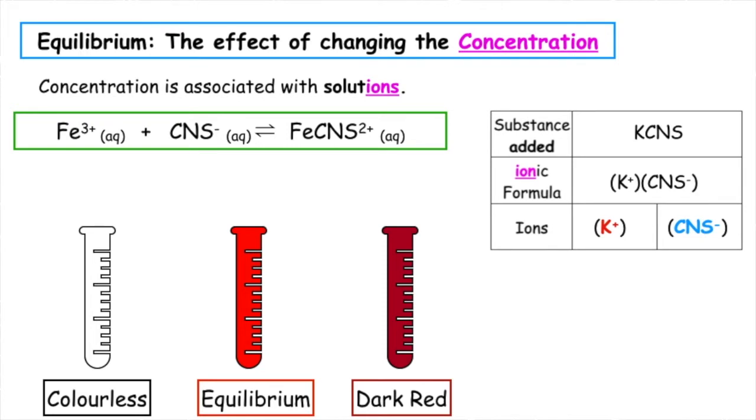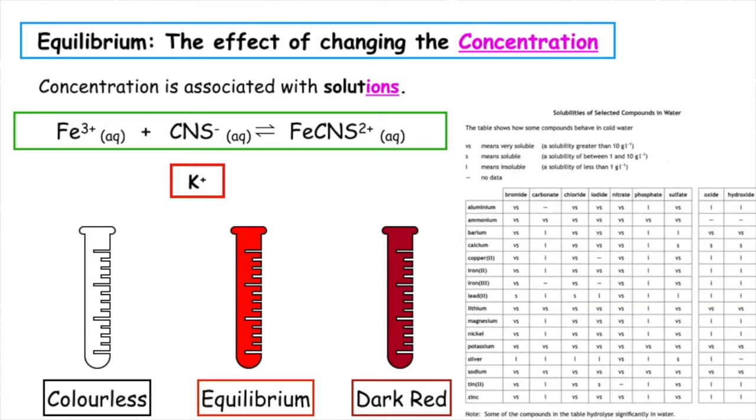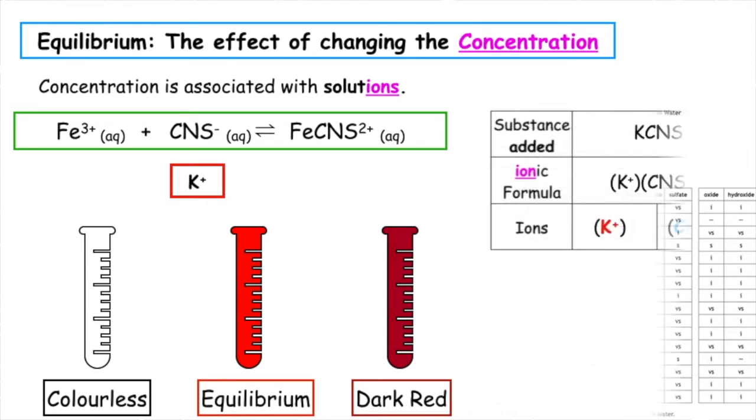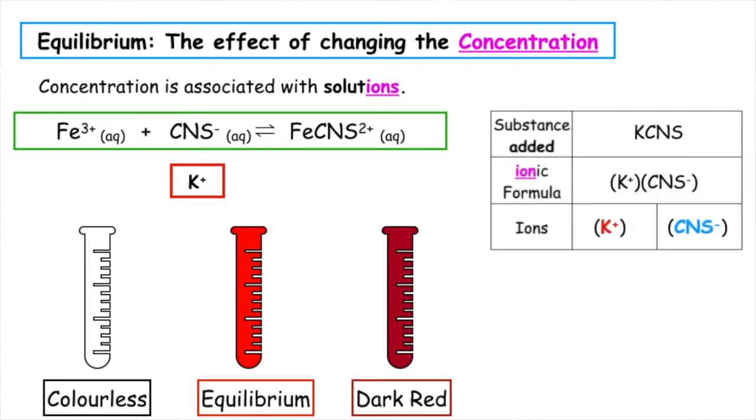If I take the K+, I can see that it's not present in the equilibrium mixture. Positive ions are attracted to negative ions, and the only one that I have is CNS-. If I use page 21, however, I don't have CNS- in my data booklet, so I assume that K+ is a spectator ion and would make no difference to the position of the equilibrium.